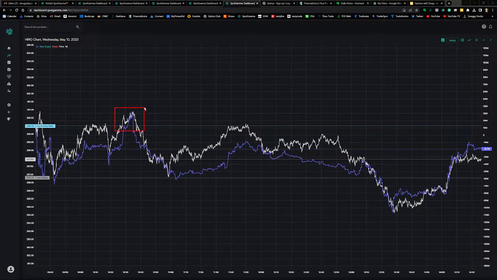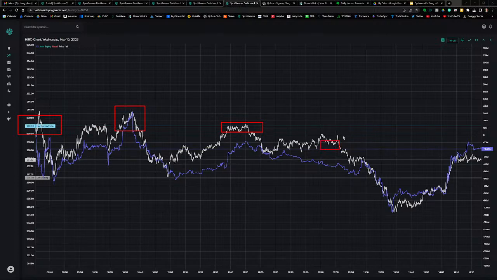So here's the first short, and that at the 290 key gamma strike, that did act as resistance. That's shown here. And then the second short there. And then the third short just below that level, just below the 290 level.